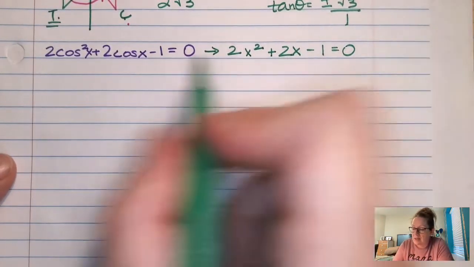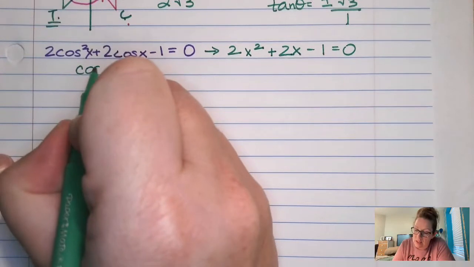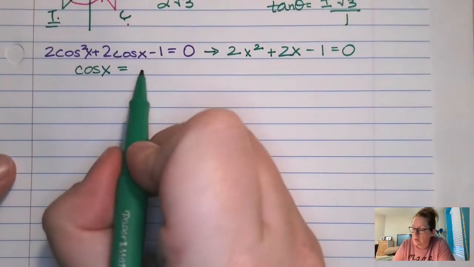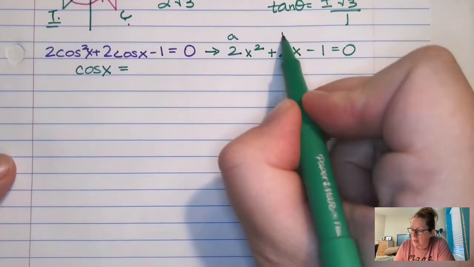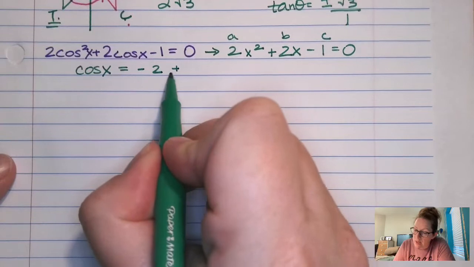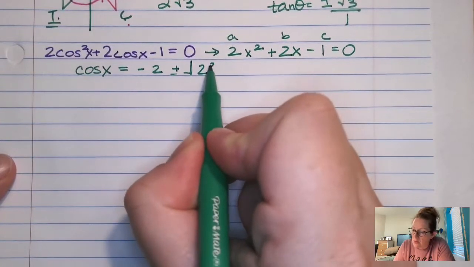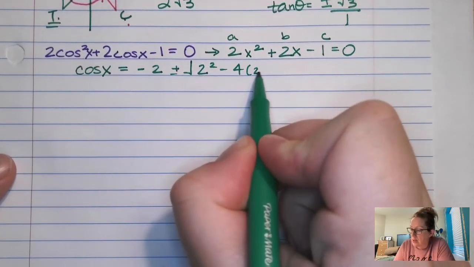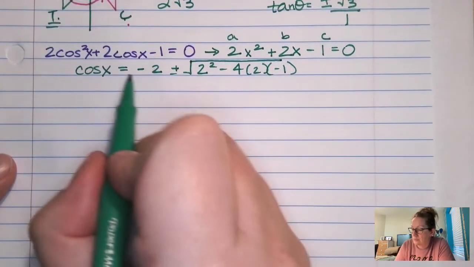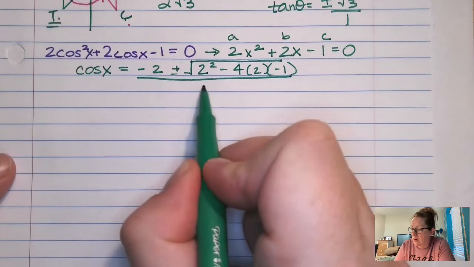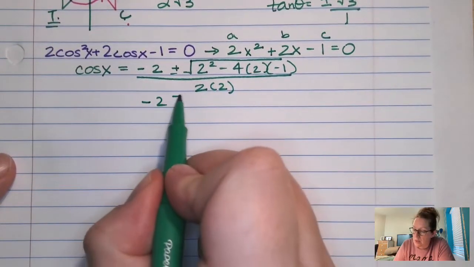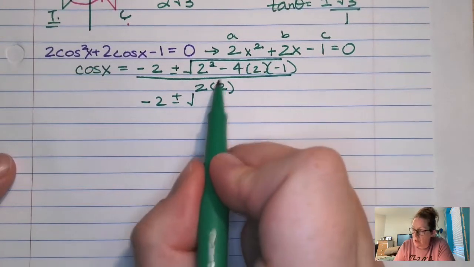So quadratic formula is x equals, this is going to be cosine x or cosine theta, whatever your variable is, equals negative b plus or minus the square root of b squared minus 4ac, all over 2a. Negative 2 plus or minus the square root of 4.